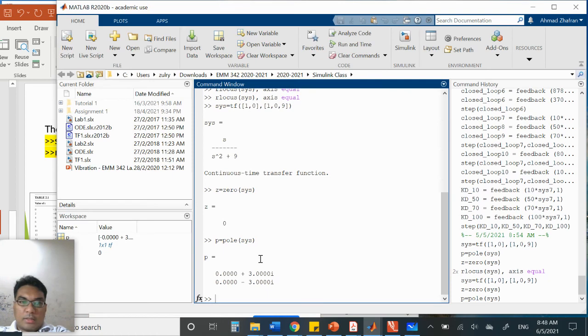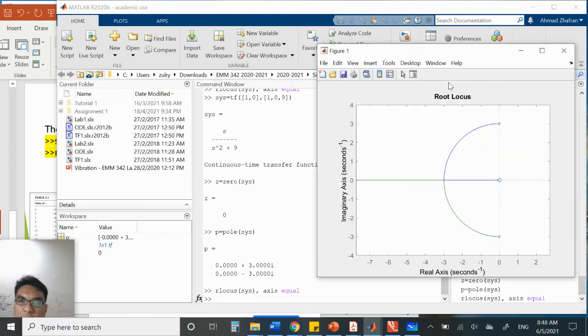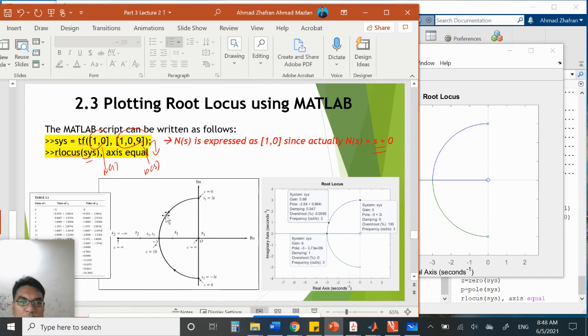The next step is to plot the root locus. You recall the command rlocus with the system, you enter it, and it will generate this plot. Later on you can verify it back with your sketching.